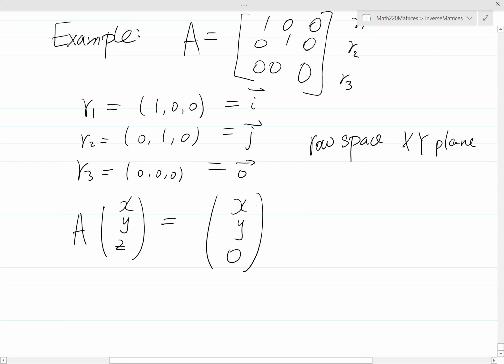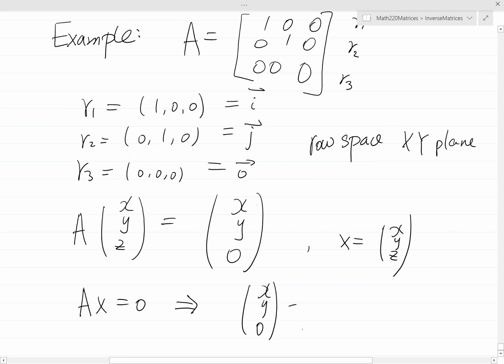To make sure the product is 0, so Ax is 0 if x equals (x, y, z), then this means we should get (x, y, 0) to be (0, 0, 0). So this implies x should be 0, y should be 0.